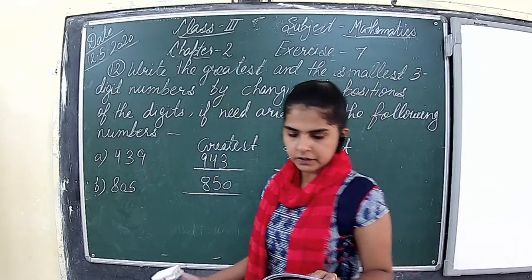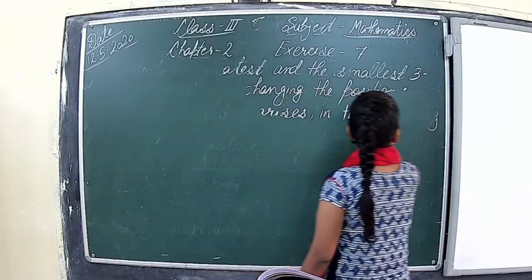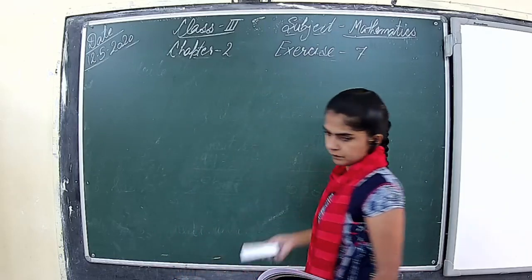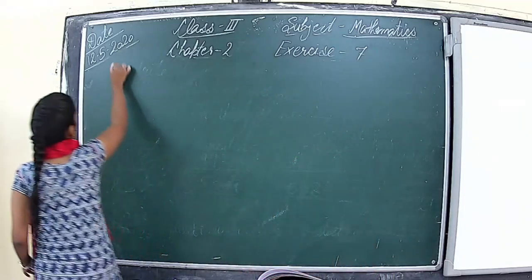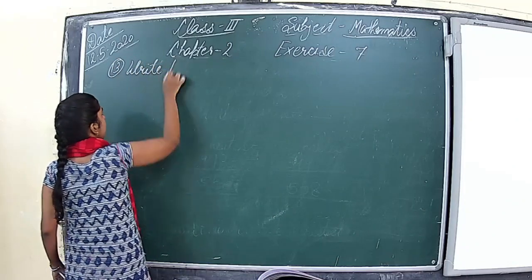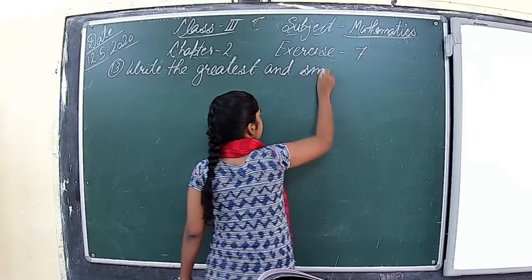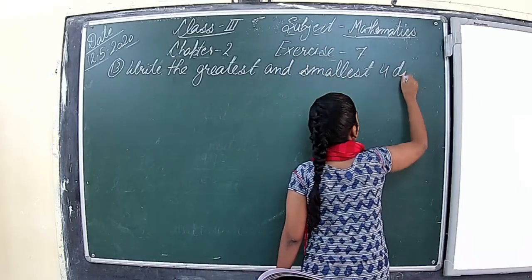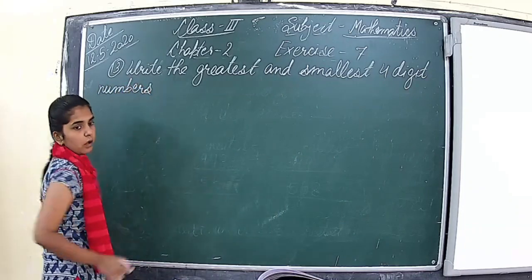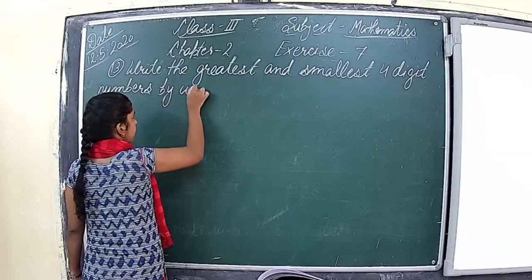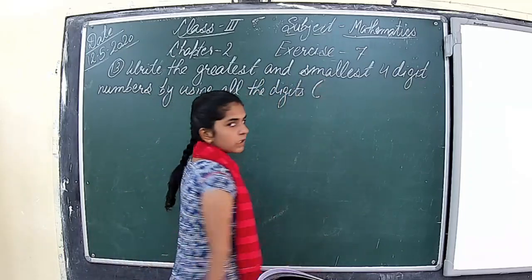Let us start question number 13. Write the smallest and the greatest 4-digit numbers by using all the digits without repetition.